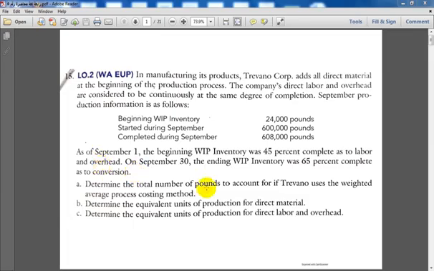A: Determine the total number of pounds to account for if Trivano uses the weighted average process costing method. B: Determine the equivalent units of production for direct material. C: Determine the equivalent units of production for direct labor and overhead.